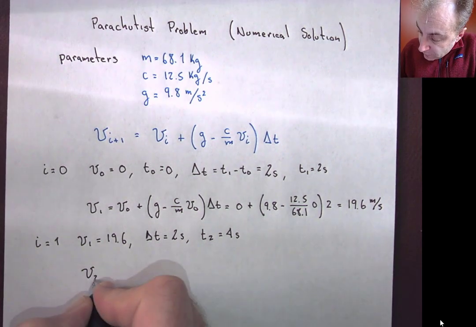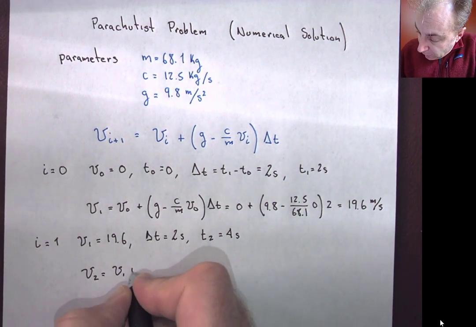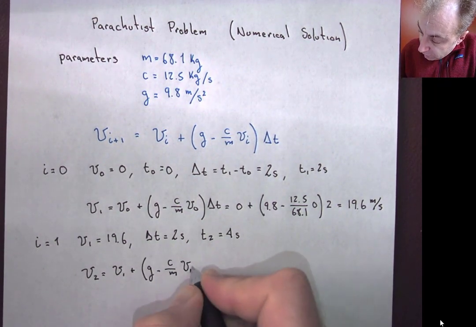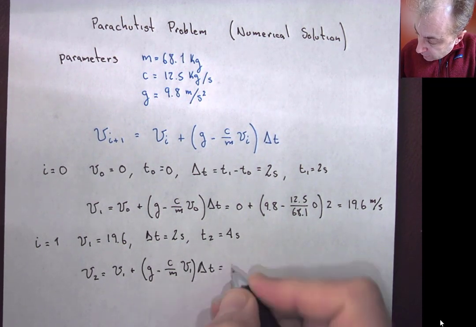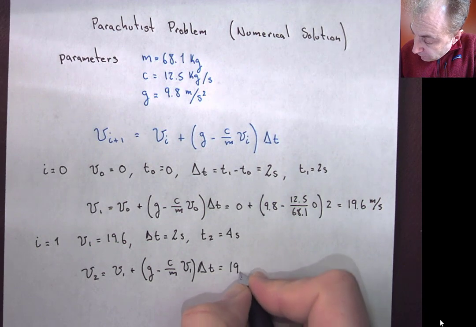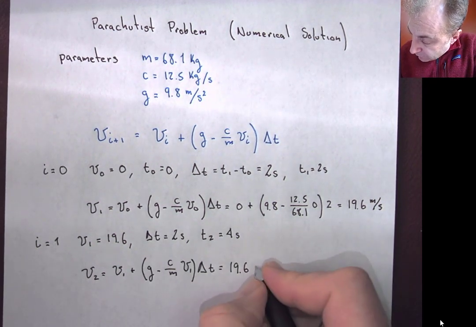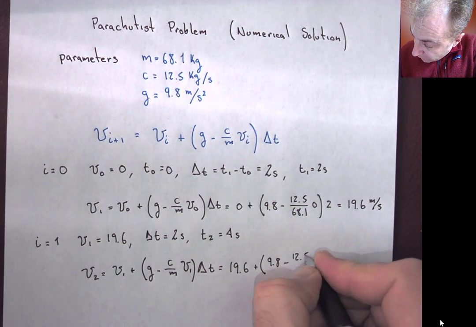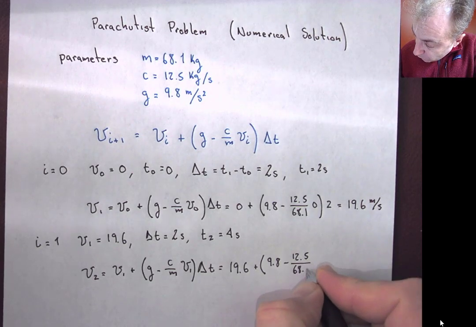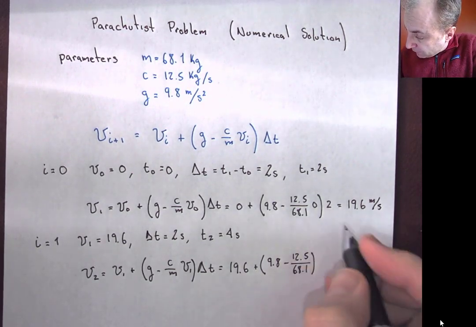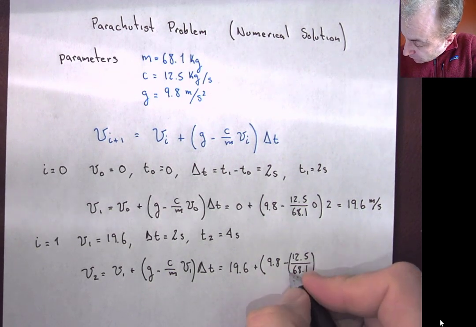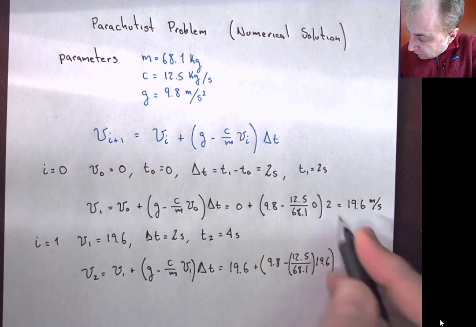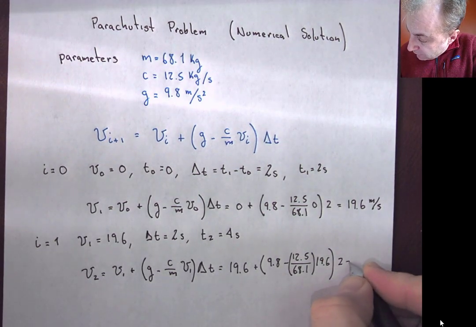So v2 is going to be equal to v1 plus g minus c over m v1 times delta t, and that is going to be equal to 19.6 plus 9.8 minus 12.5 divided by 68.1 times 19.6 times the delta t, which is 2.